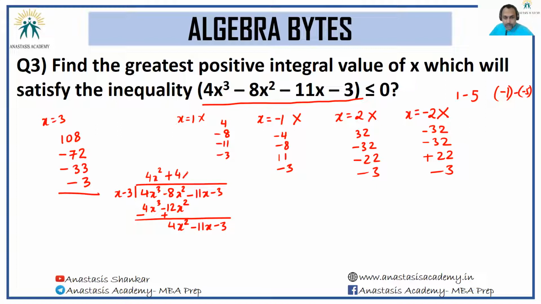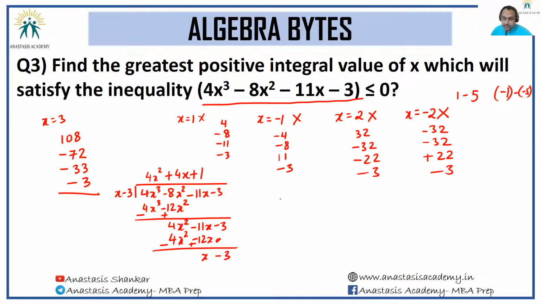So I get another plus 4x now. So 4x squared minus 12x, nothing here. So this becomes minus, this becomes plus, this becomes x minus 3. So we get another plus 1 here.